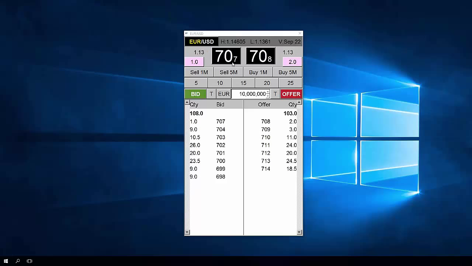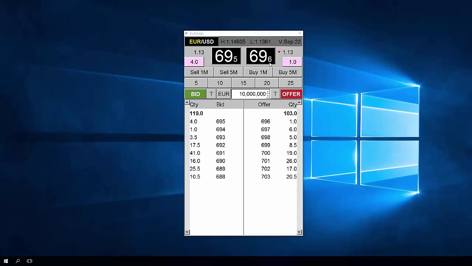Usually when you sell, you sell at this price, and you buy at this price. So when you sell and you put your targets, once the price hits your target, you're buying, so you're gonna get the ask price down here.